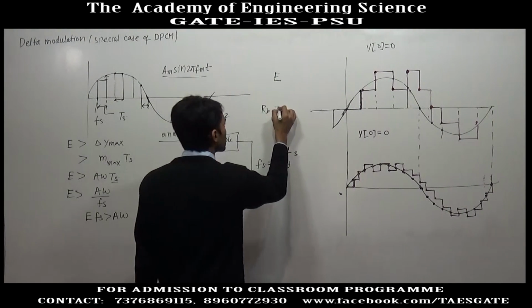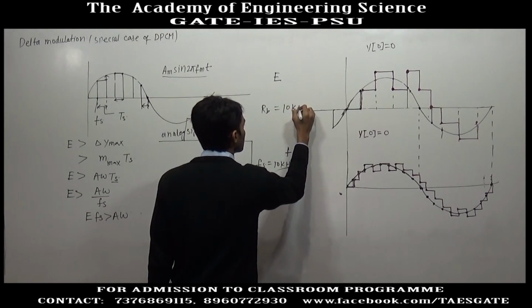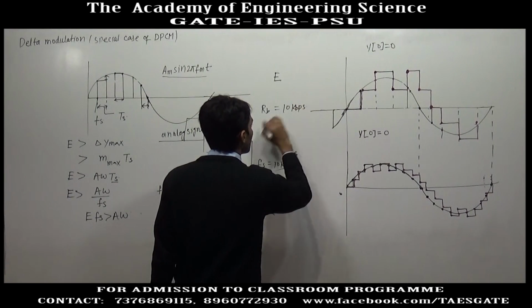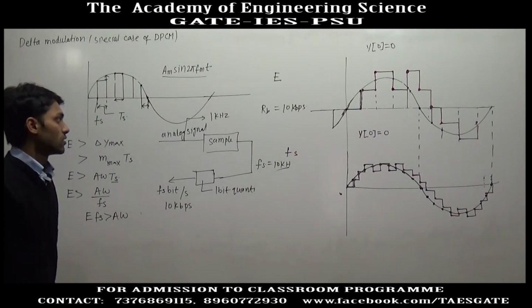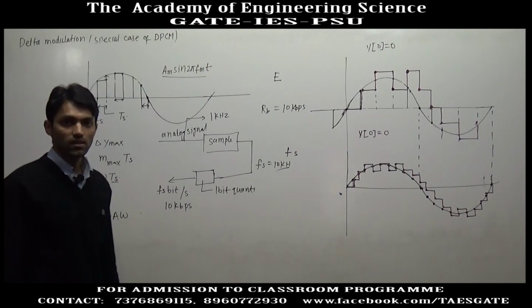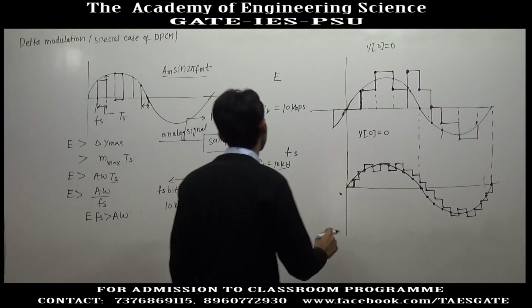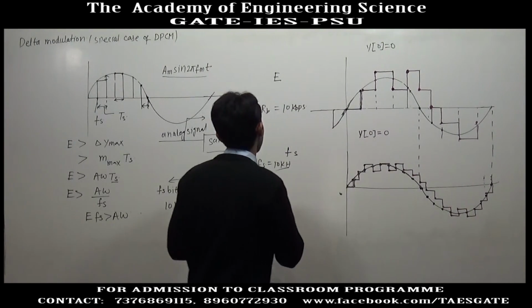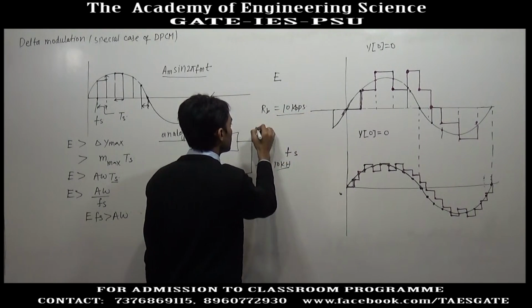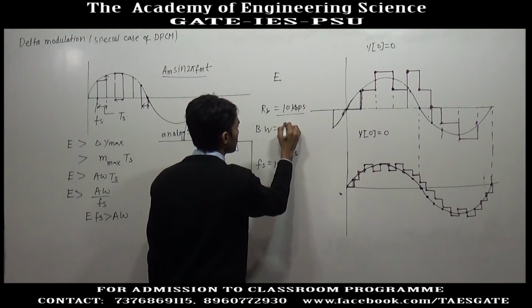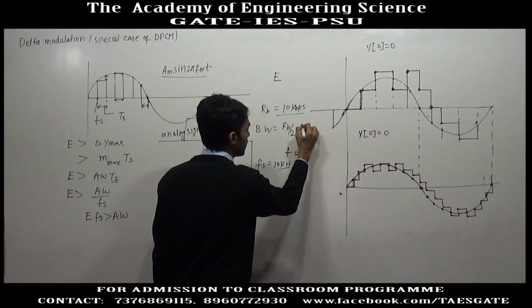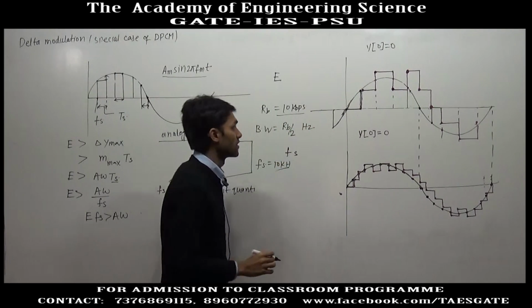So, Rb is 10 kbps, and to transmit this signal of bit rate 10 kbps, we need a bandwidth of Rb by 2 hertz on the channel.